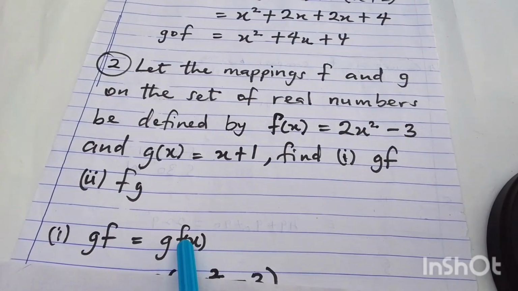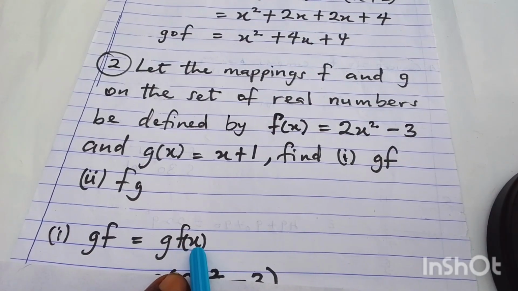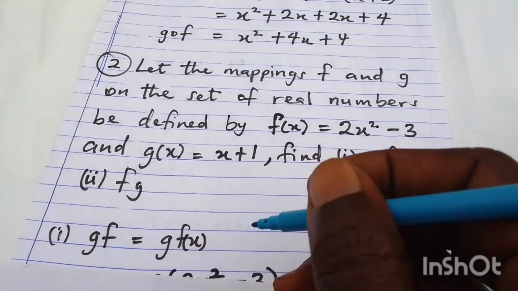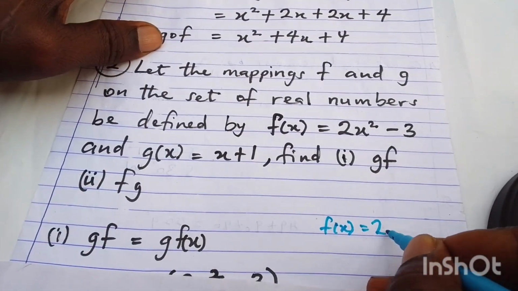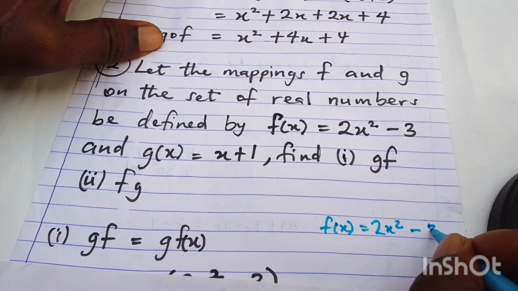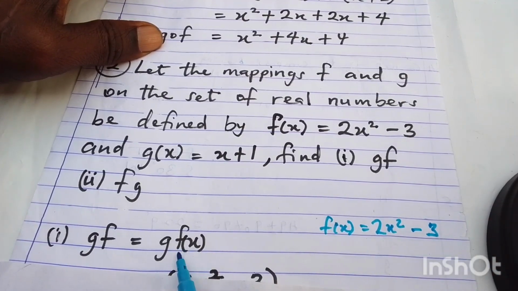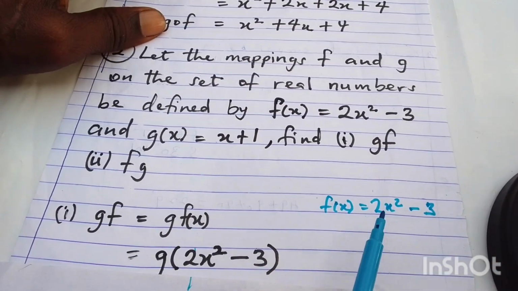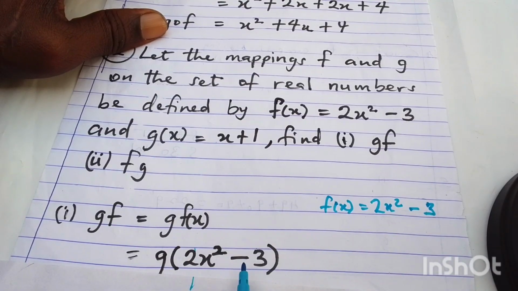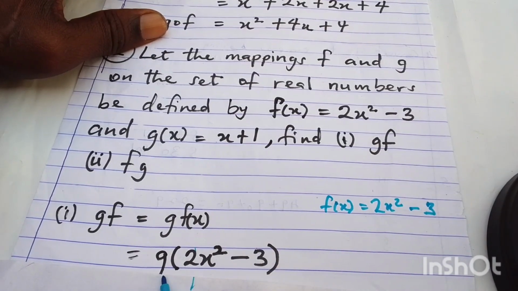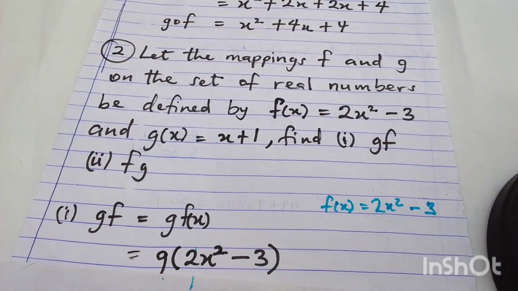So to remove this f of x, our f of x here is 2x squared minus 3. So to remove this f of x, I'm going to substitute 2x squared minus 3 into that position. So you are now having g of (2x squared minus 3).